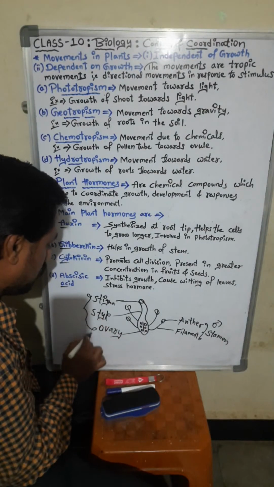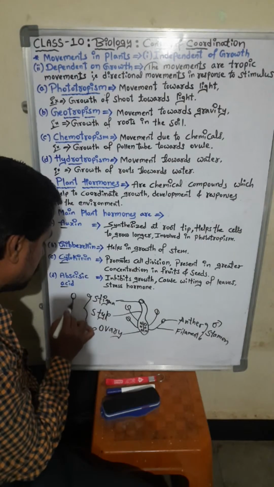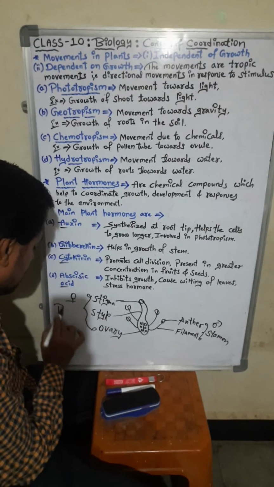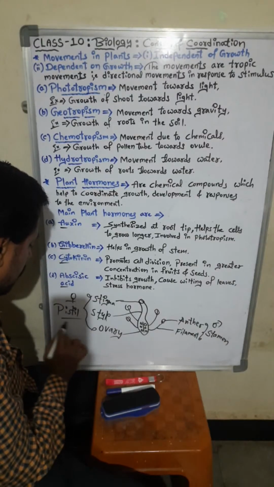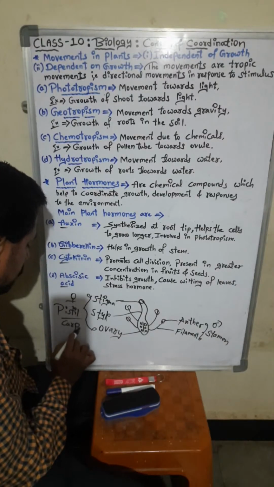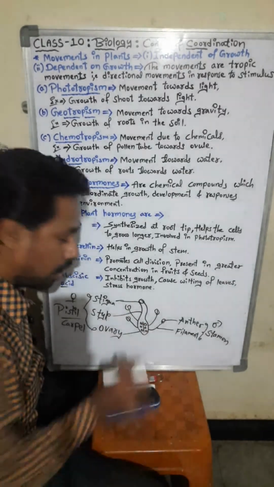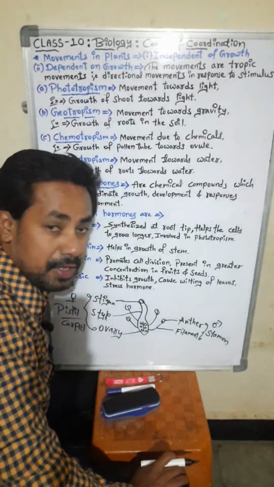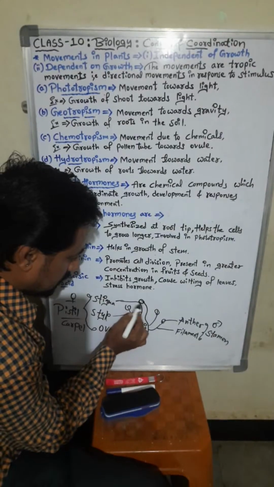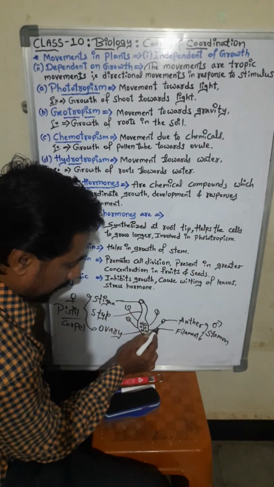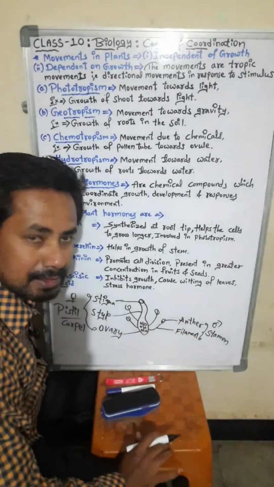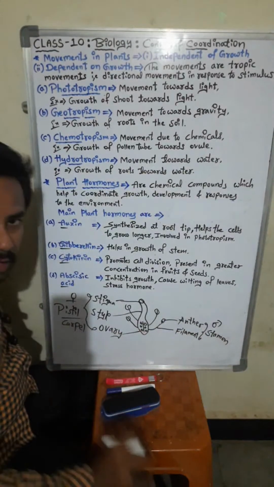All these three together are known as the female part, and this is known as the pistil or carpel. Stigma, style, ovary: that is the female part. The male part has only two parts, filament and anther, which is the stamen. Stamen is male, pistil or carpel is female.